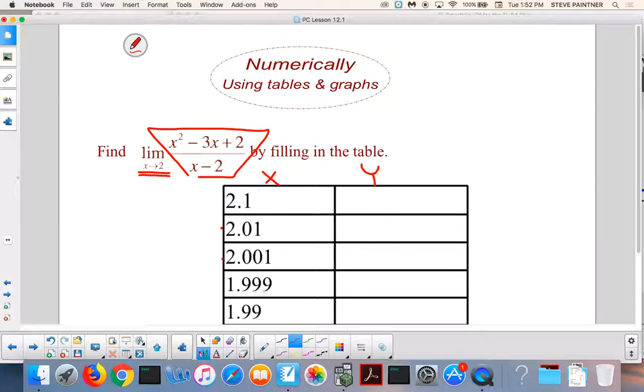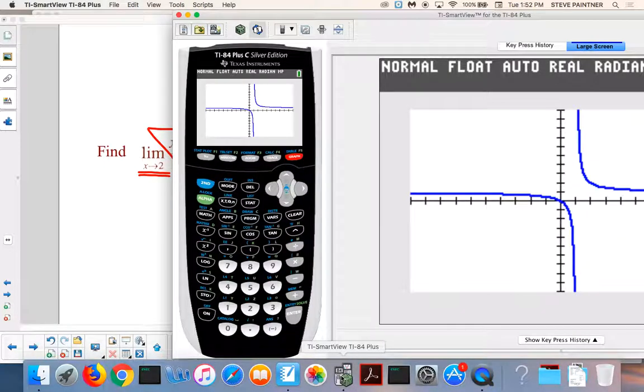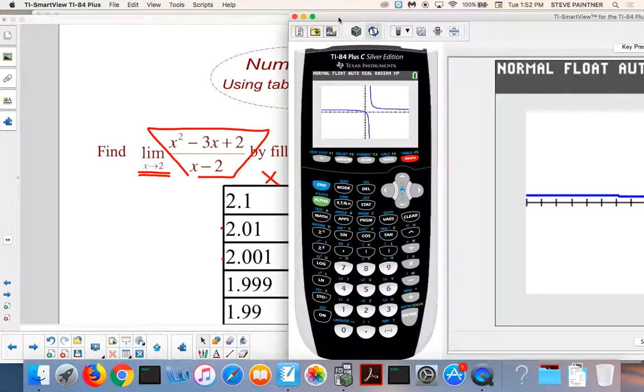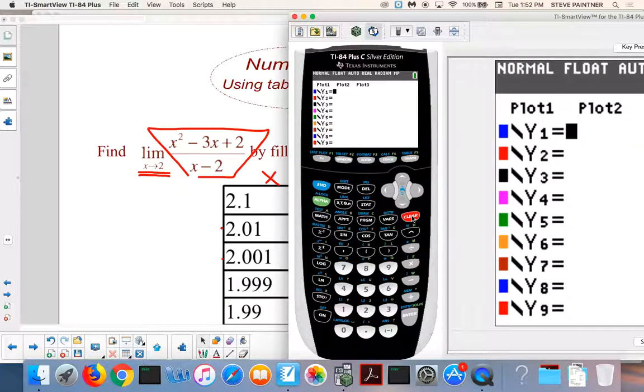Here I'm approaching from the left side of 2. So right now, you're going to use your calculator to fill in that table. So let's put that in, and it is okay, let's go here. Oh, there you go. Good. Okay.